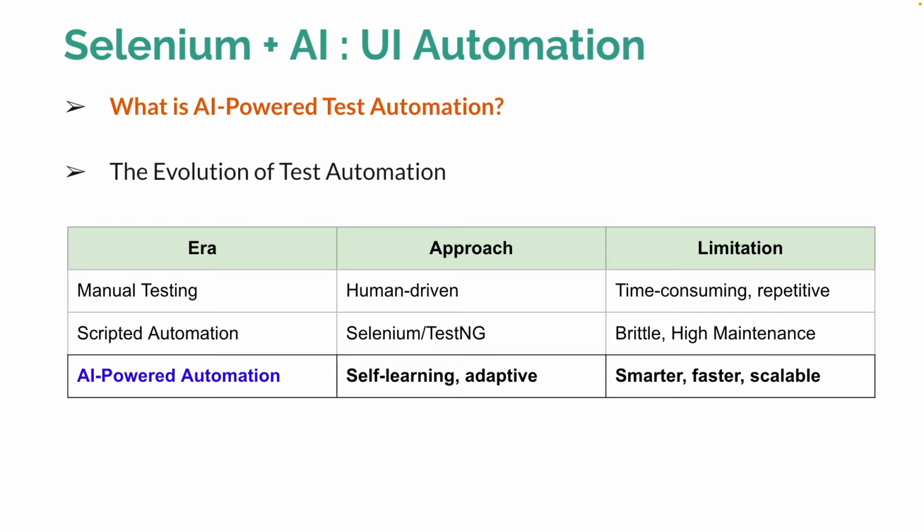After that, a new tool came to the market, and that was QTP. QTP was from HP, which started the scripted automation era. In QTP, you could automate test cases, but it was a very tedious job. Believe me, I worked on QTP sometime in 2012 and 2013, and it was very slow, very limited.